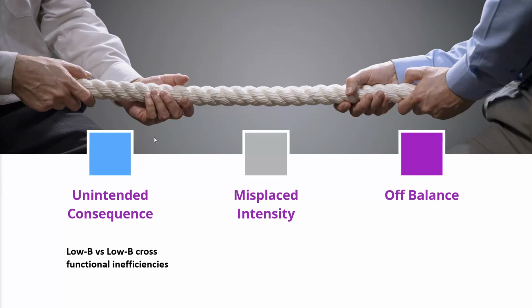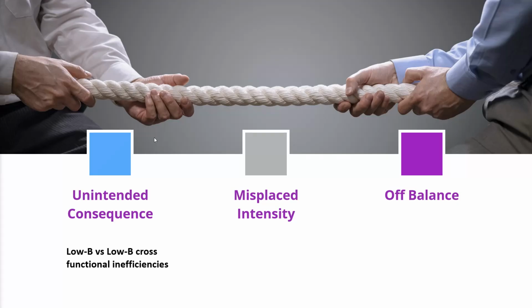Now, when we aren't thinking about this holistically, the unintended consequence is that cross-functional inefficiency that's related to the low B versus low B. You have a production team that's focused on high volume output, low B. They're not going to think proactively about communication. They're just executing on and producing parts.